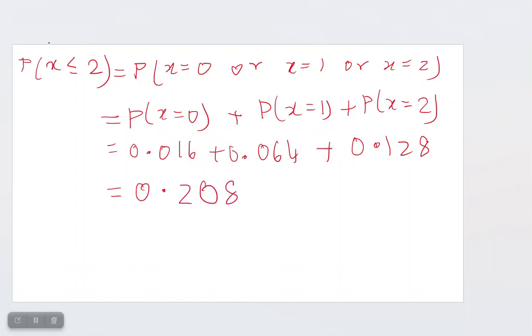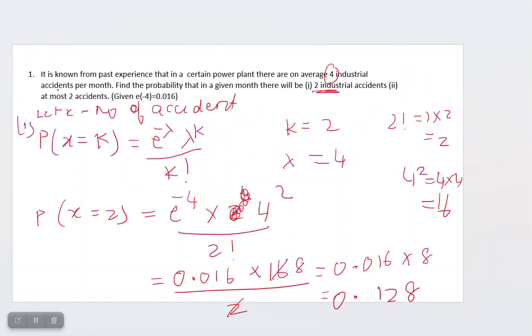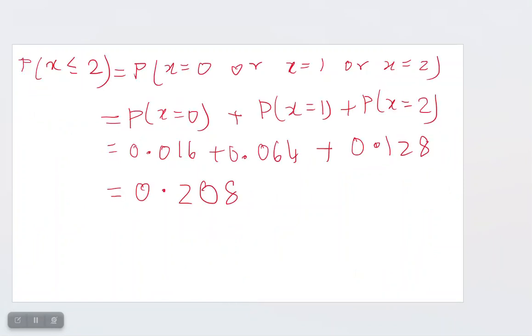The second part was asking about at most 2. At most 2 means there could be 0 accidents, or 1 accident, or 2 accidents. So like in all previous problems, we do it as P of x0 plus P of x1 plus P of x2.